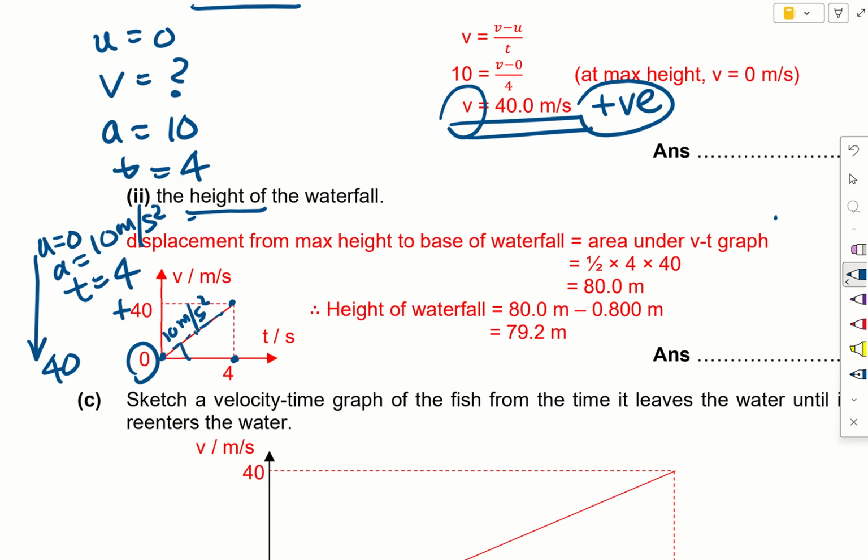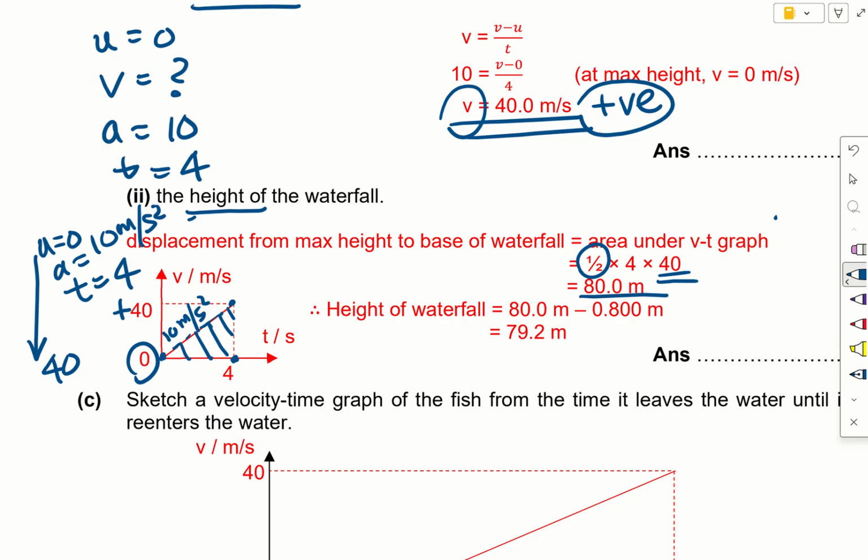Now we need to find the area under the graph, which is the distance traveled by the fish from its maximum height to the bottom of the waterfall. And we get this area of triangle of 80 meters. I saw some students omitting this half. They thought that the fish keeps on moving with a constant speed of 40.